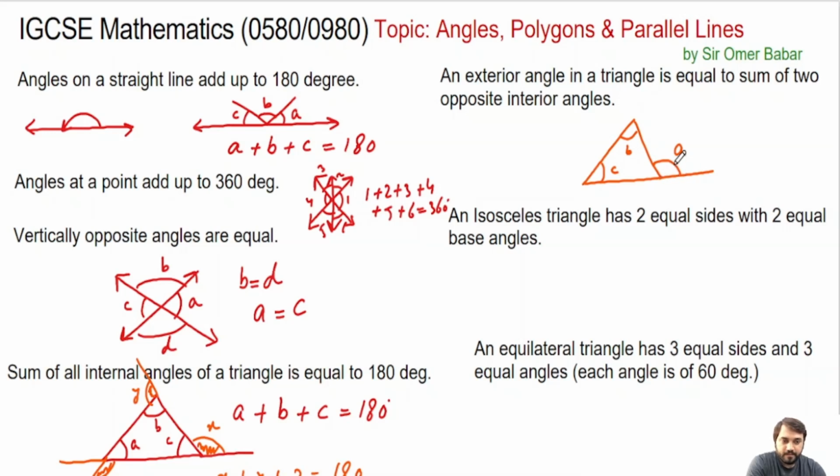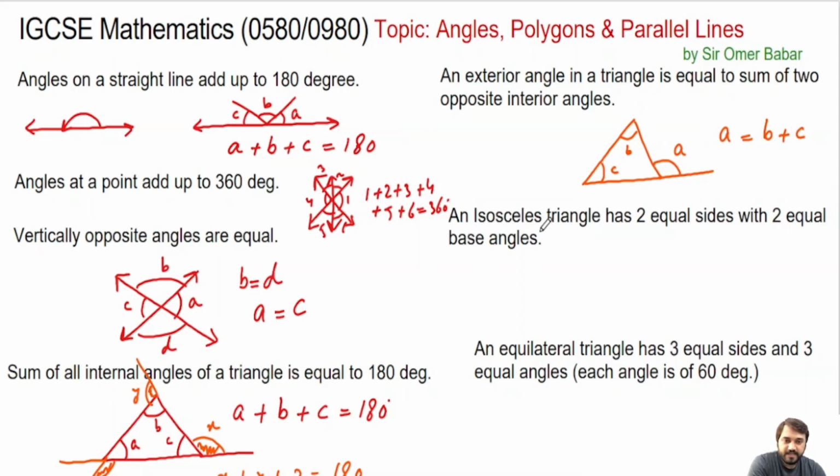So A would be equal to the sum of B and C. Once again, if you have one external angle in a triangle, then it is equal to the sum of the two opposite internal angles.